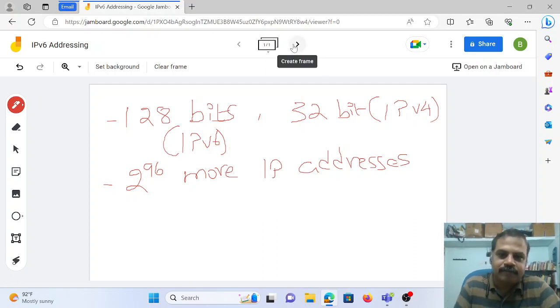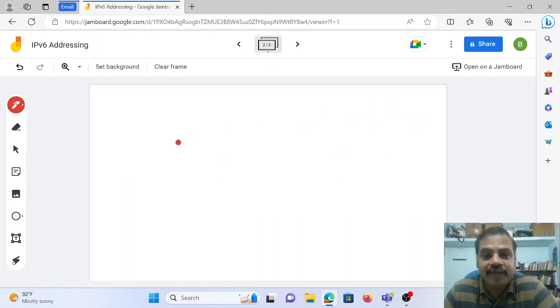Then how are we representing the IPv6 address? The entire 128 bits can be binary bits, but we are not using the binary notation. We are using the hexadecimal notation for representing the IPv6 address.